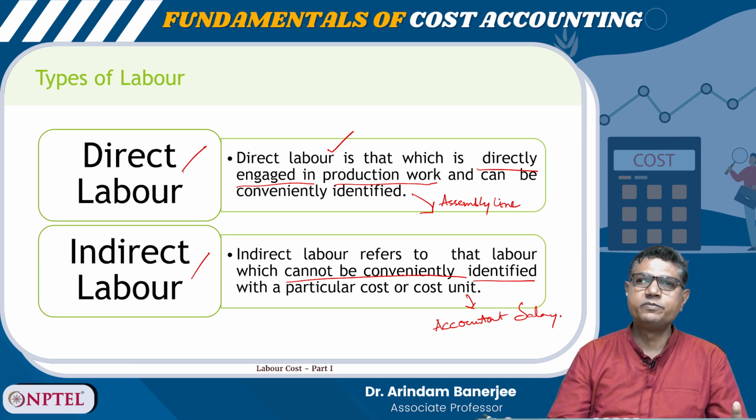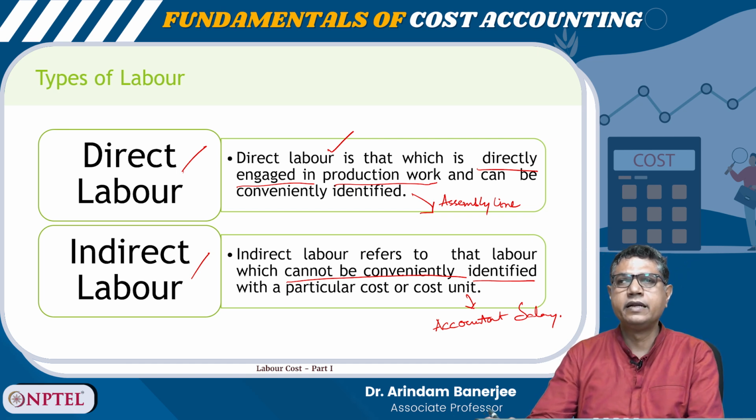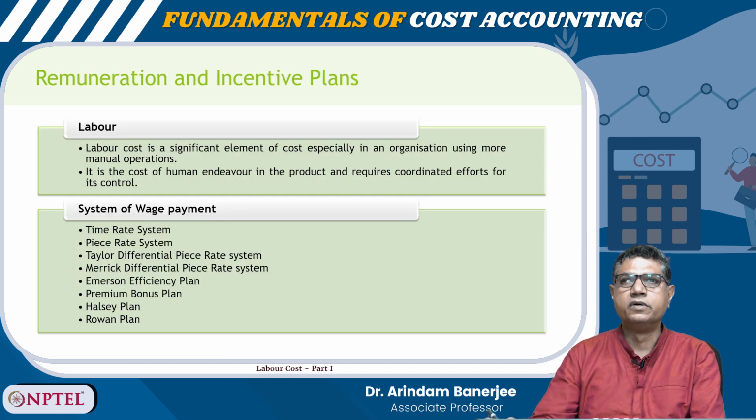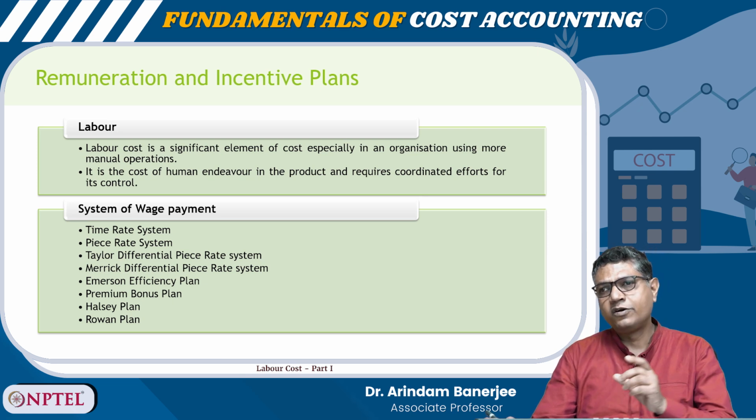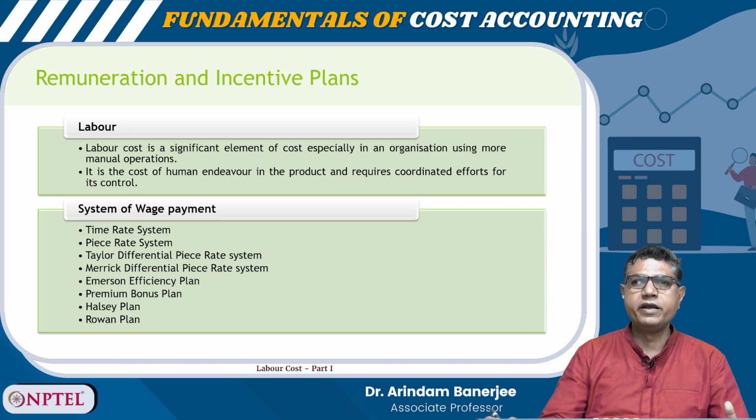So, the salary which is paid to him, we can't directly attribute to that particular model or particular vehicle. So, it is an example of indirect labor. Now, the labor cost involves the incentive plan, the remuneration paid to the workers. So, labor cost is a significant element of cost, especially in an organization using more manual operations.